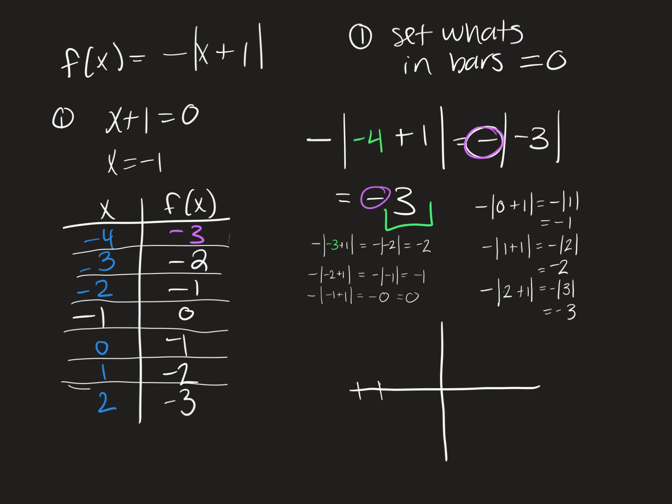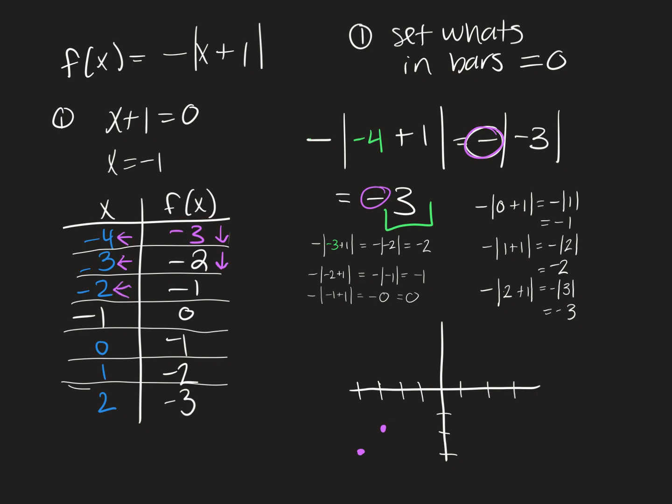1, 2, 3, 4. 1, 2, 3. Okay, so when x is negative 4, that means I'm going to go left 4 and down 3, and put a dot. Then I'm going to go left 3 because it's negative and down 2.